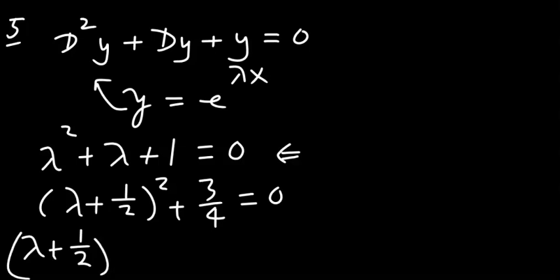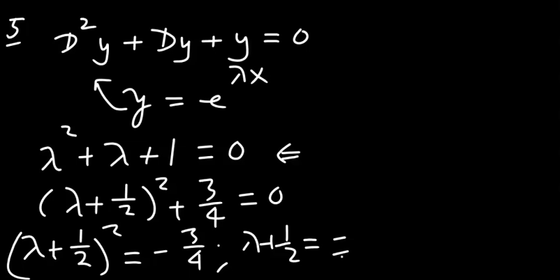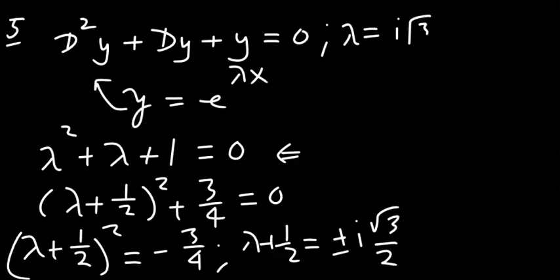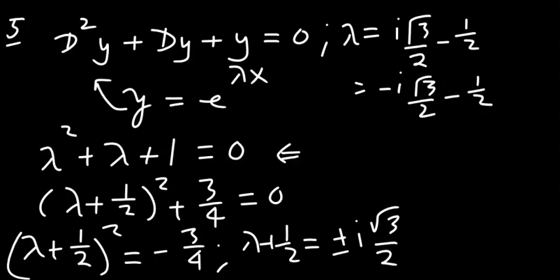That means lambda plus half squared is minus 3 over 4, or lambda plus half is plus or minus i square root 3 over 2. And the two values of lambda would be, the first one is i square root 3 over 2 minus half, and the second one is minus i square root 3 over 2 minus half.